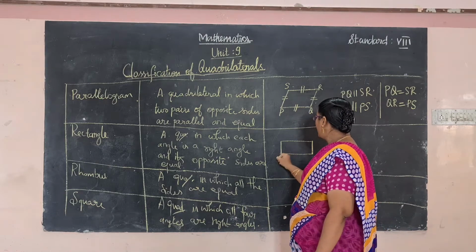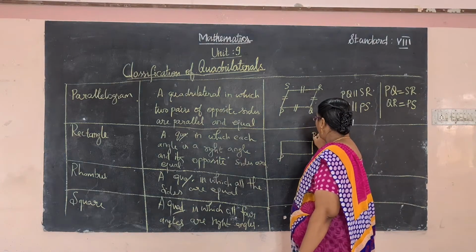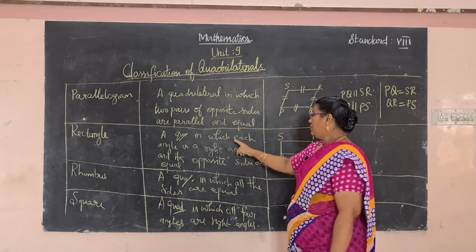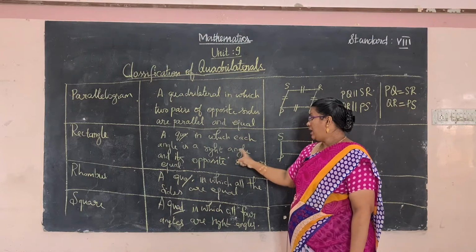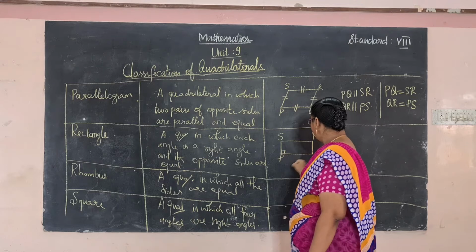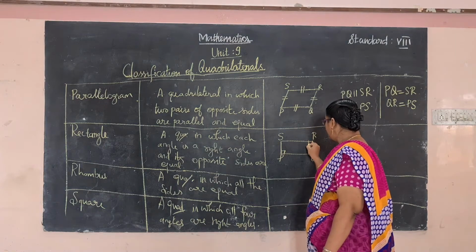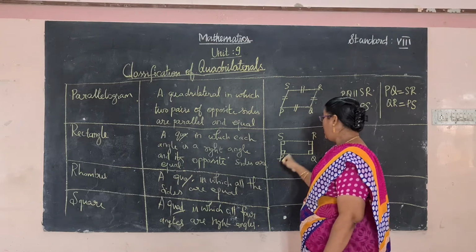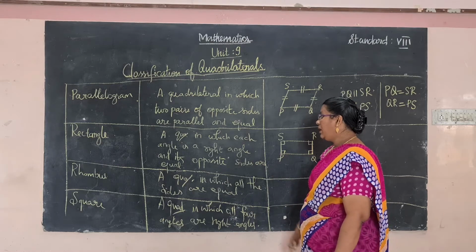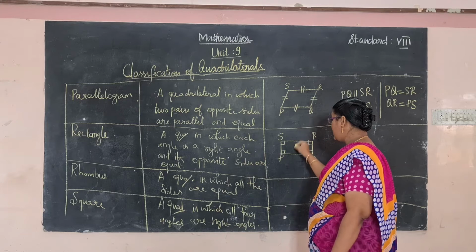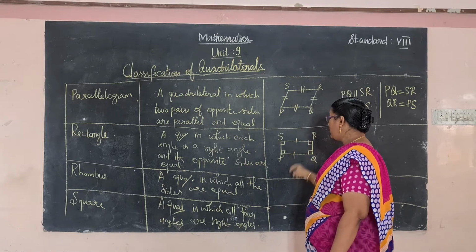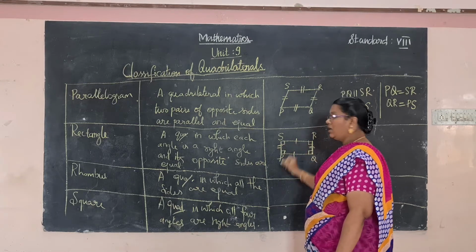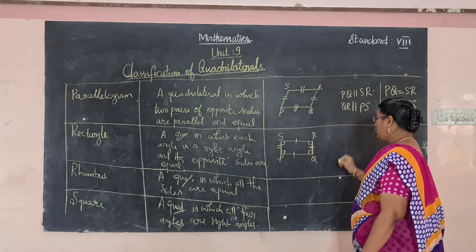Here also P, Q, R, S. What is the first condition? All the angles are right angles. Its opposite sides are equal. This one equal, this one equal.